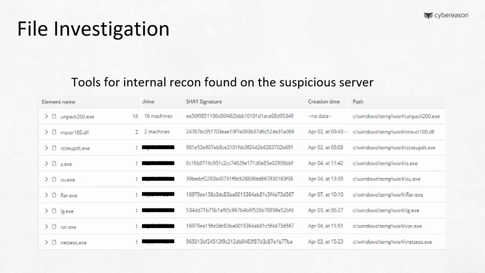Now, one more point I want to talk about here about this command and control operation is that, as you can see, the attacker gave it some extra thought and did not use the same process, the same Unpack 200, for the command and control connection. The reason for that is, since he wanted to stay below the radar, he needed a process that is expected to initiate connections to the internet.